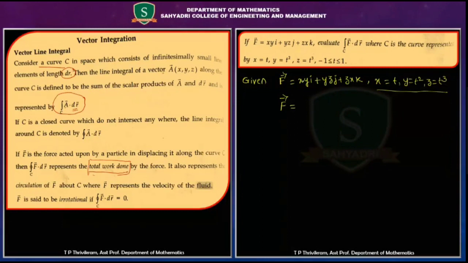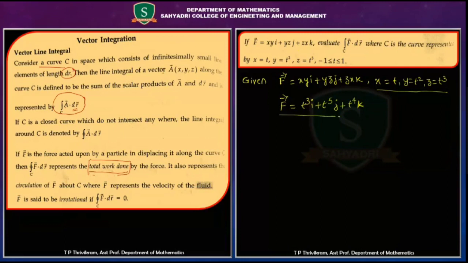So f is equal to t into t square, so I'll get t cube i, plus y into z. y into z means t square into t power 3, so that means t power 5 j, plus zx. zx is nothing but t cube into t, so you'll get t power 4 k. So this is the function f in terms of t.